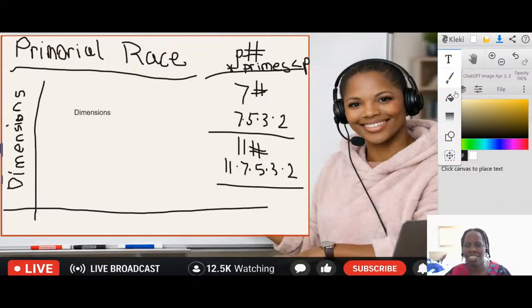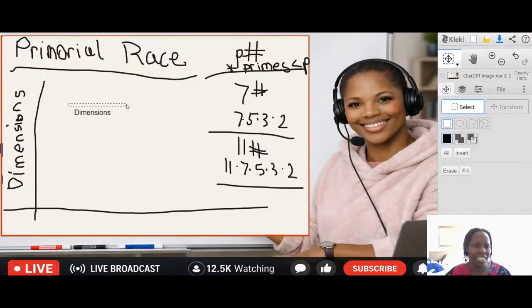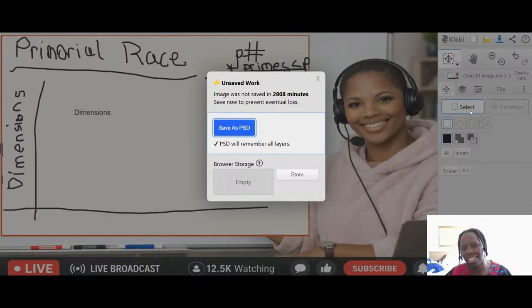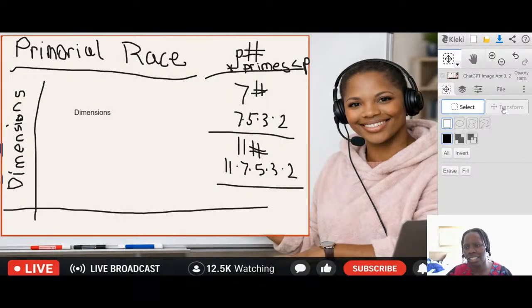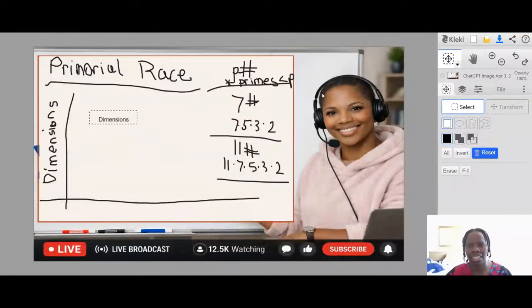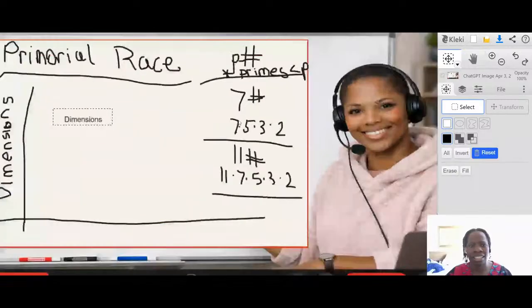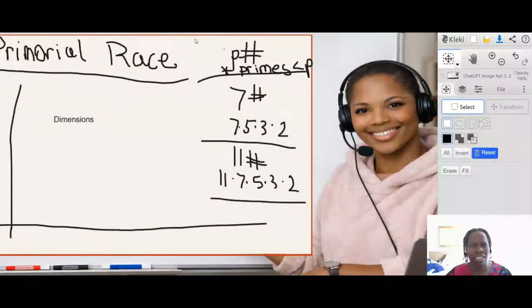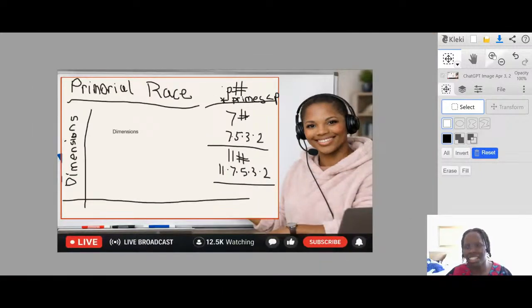I don't think I can select it and rotate it, but we're going to see.